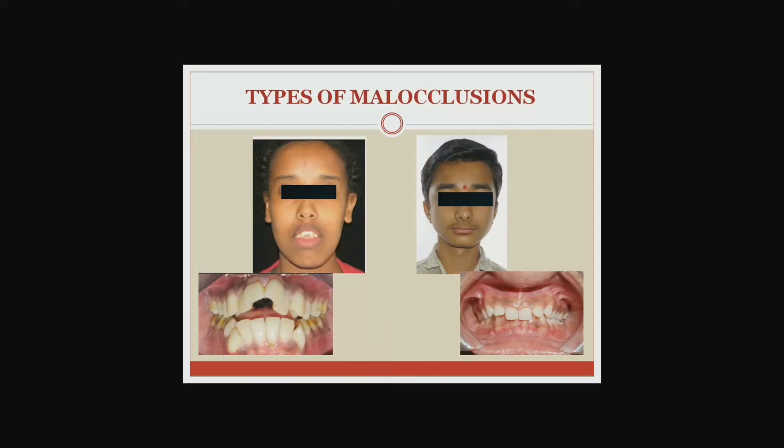The patient keeps the mouth open and breathes through the oral cavity, which is not the function of the oral cavity. You will see a very long, narrow, deep palate. When you examine the tonsils and adenoids, they are larger in size in a growing individual, especially in the prepubertal and pubertal phase.